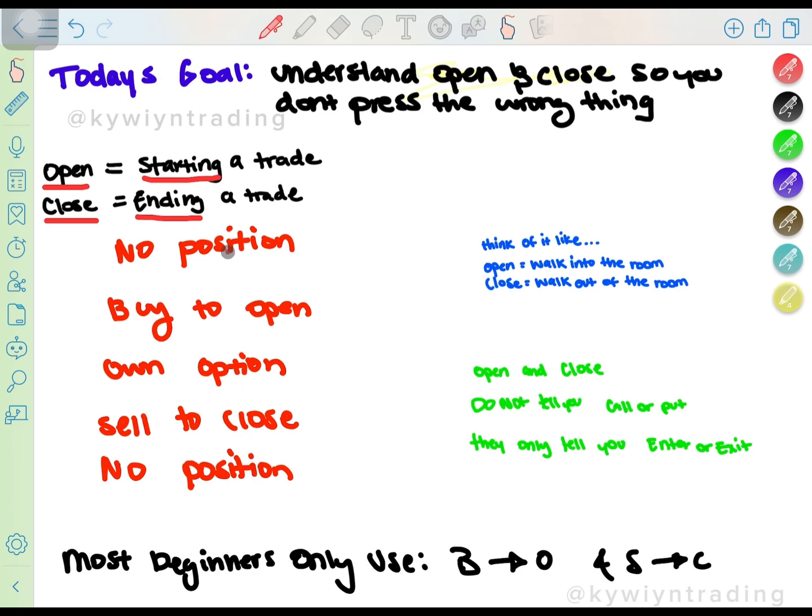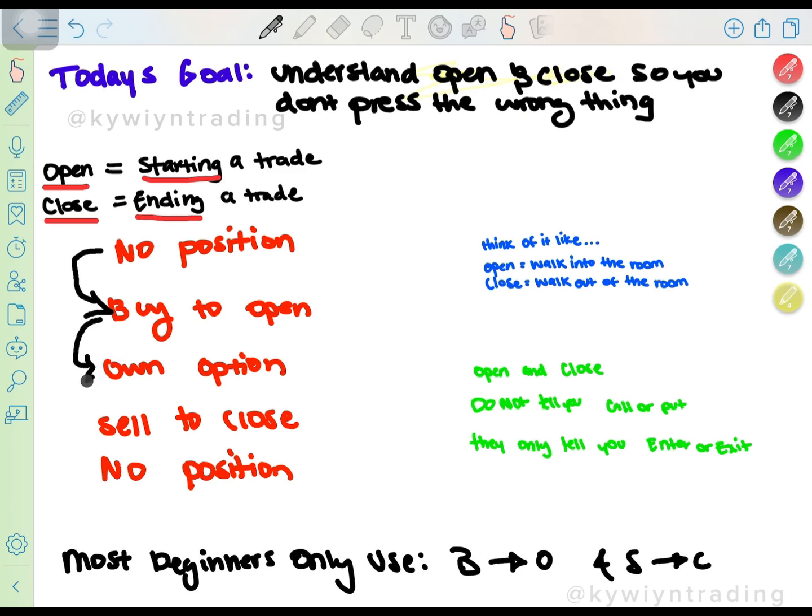So your entire trade is going to look exactly like this. You're going to start with no position. Then you're going to buy to open. That's your first step. Once you buy, now you have an option contract that's open. Later, once you make profit, you're like, I'm ready to get out.